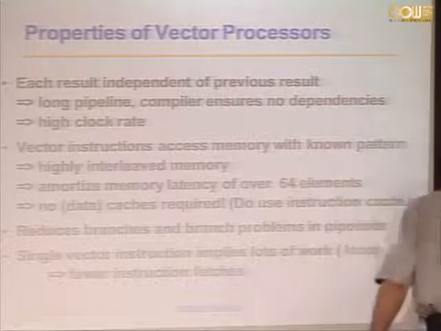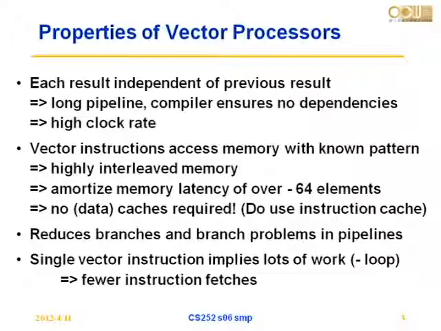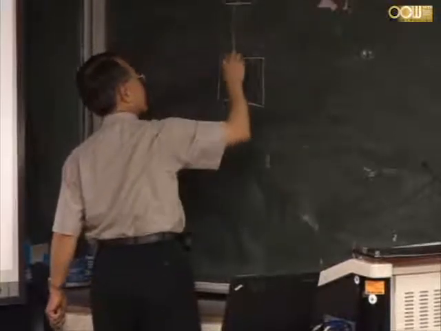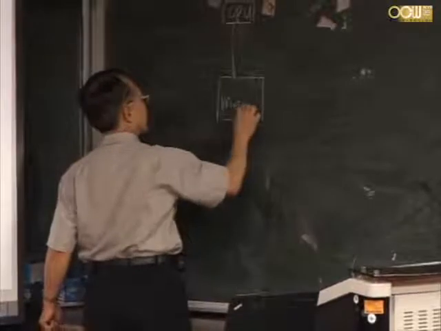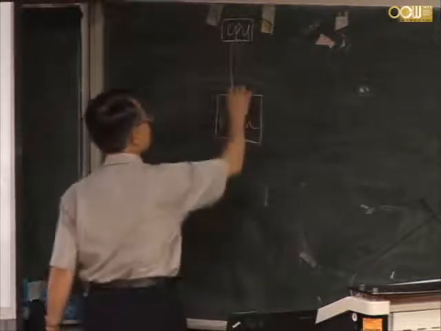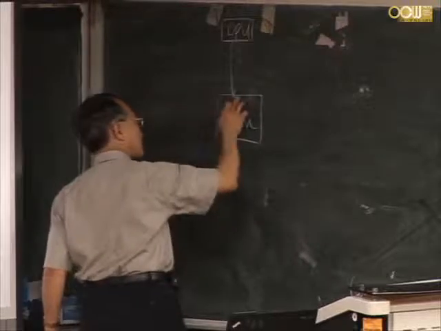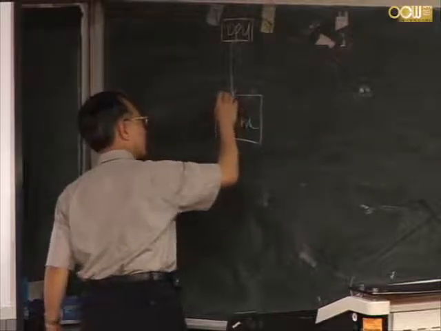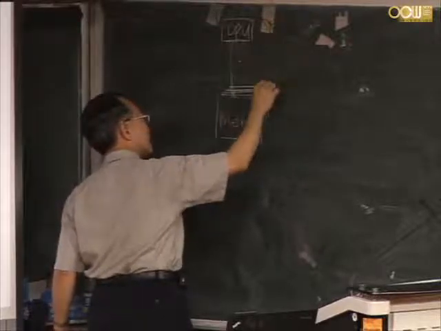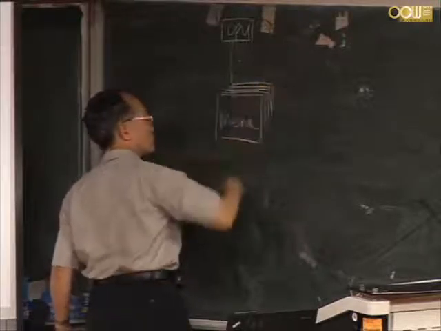Amortize means memory is very slow. CPU requests data from memory. And remember, for vector processing, usually we don't have a cache for vectors. Okay, cache is of no use to vectors. And how do I access memory? First, I interleave the memory into many modules.